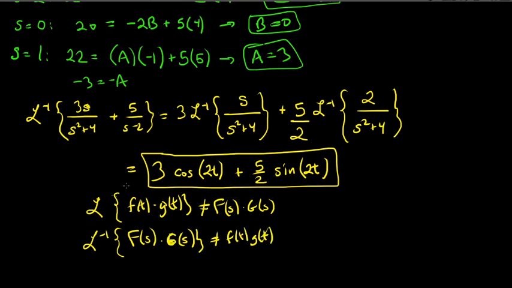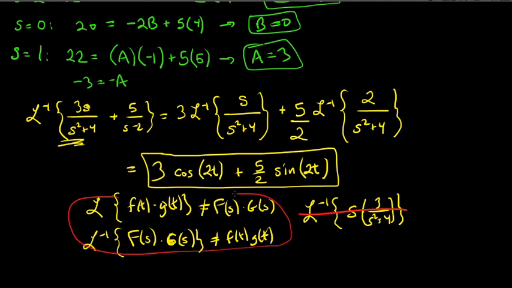So you're not going to be able to do things like the inverse Laplace transform of, say, S times 3 over S squared plus 4, which is the first term here. You cannot split it up by the S and then the 3 over S squared plus 4. It just doesn't work. Products are not well behaved like this.